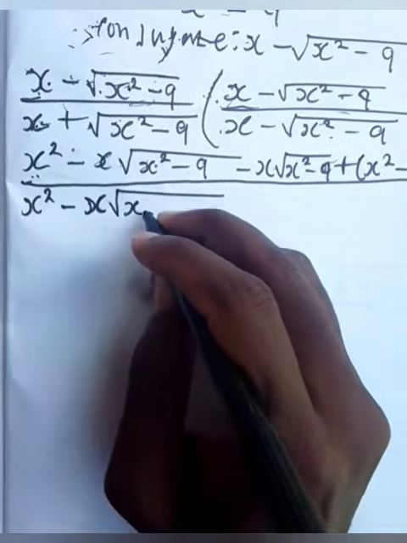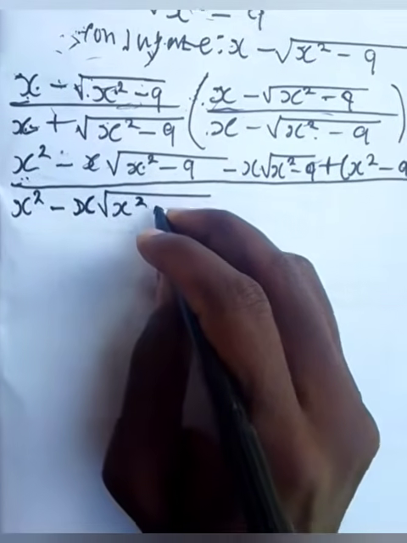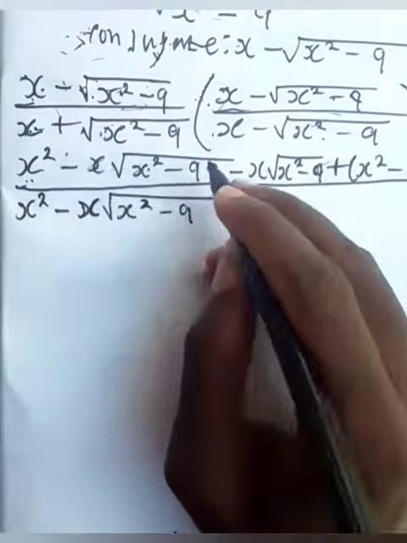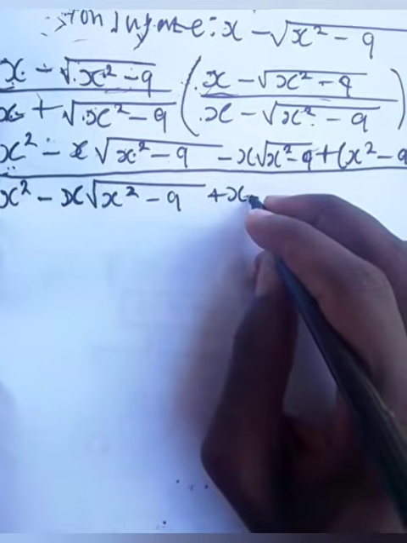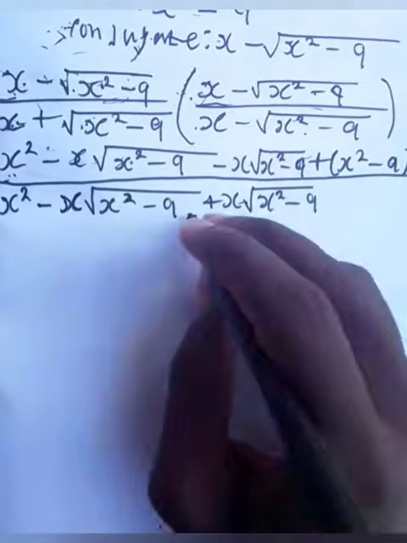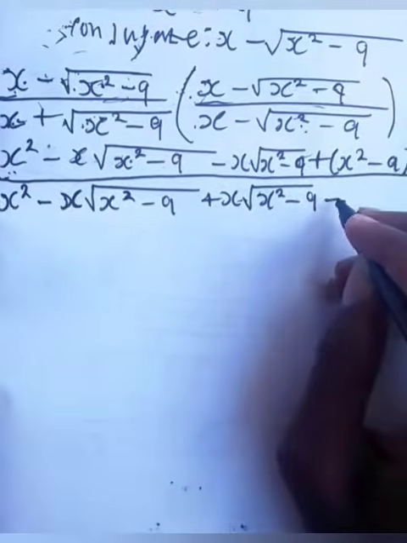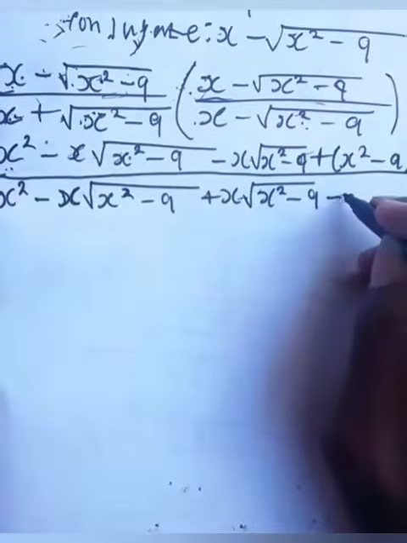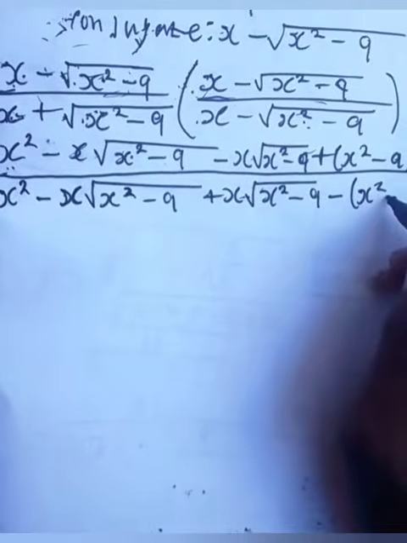Then this times this is going to be plus x square root of x power 2 minus 9, and then this times this is going to be negative. Since they are similar things, we're just going to end up with whatever is under the square root, which is x power 2 minus 9.